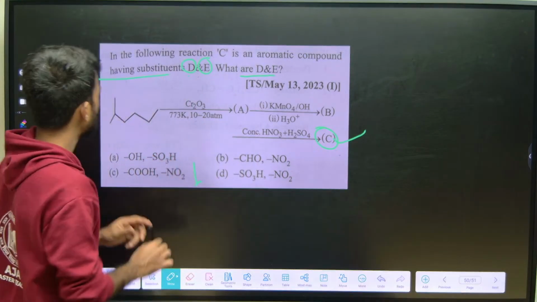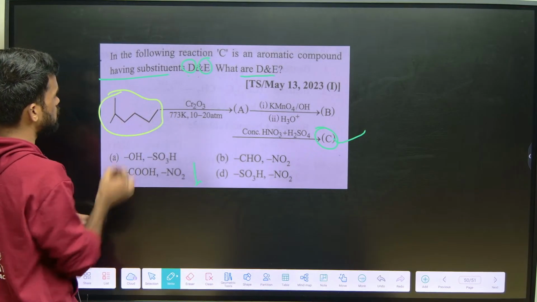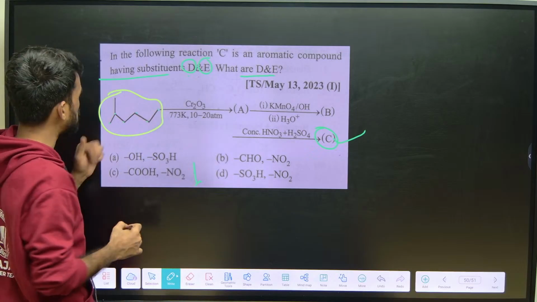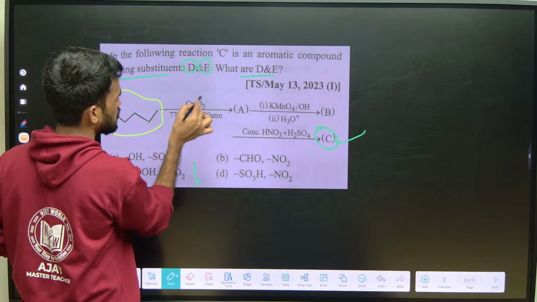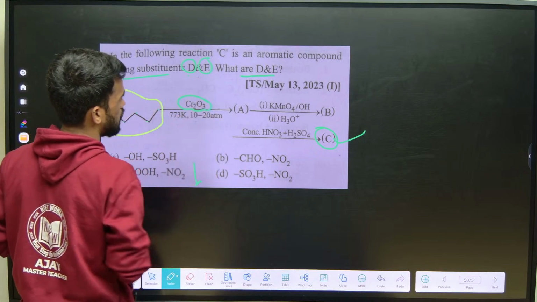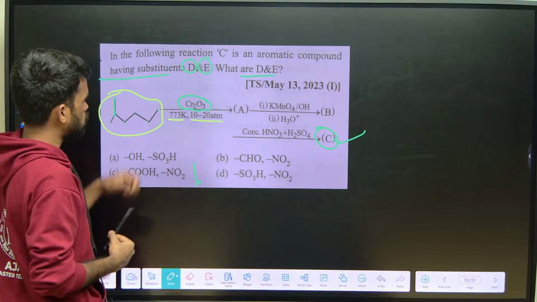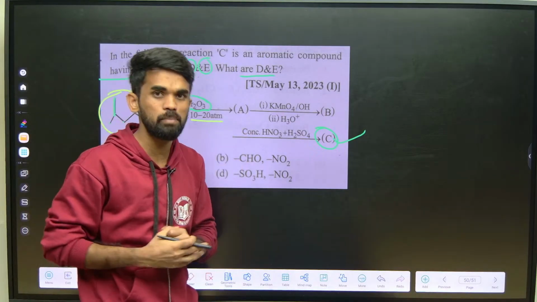Okay, very easy. Look at the given substrate first. The substrate contains how many carbons? 1, 2, 3, 4, 5, 6. Six carbons in the main chain and one substituent, a methyl group. Whenever you treat this with Cr2O3 at this particular temperature and pressure, this six-membered chain will undergo aromatization.